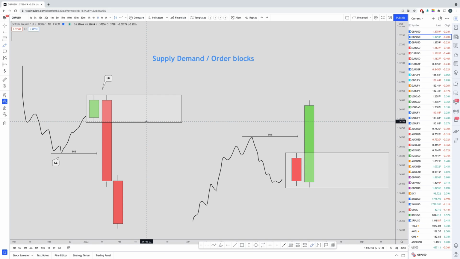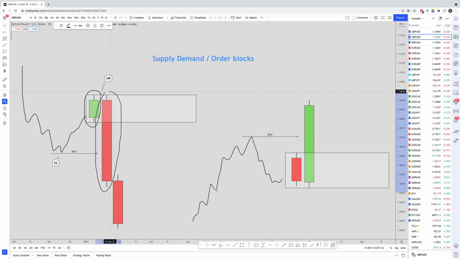Okay, now it sounds a little bit complicated at first view, but it's not, because what we need to understand is that this buy candle over here, this bullish candle over here, was created by the same institution who brought the price at the same time that strongly to the downside.